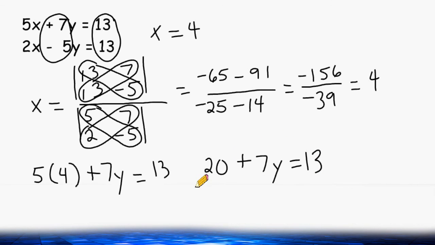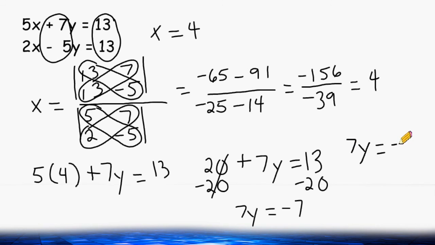Next we can take this 20 and subtract 20, so that cancels, and send it to this side of our equation, which now gives us 7y is equal to -7. And now we have to take this 7 and divide it by itself so we can get +1, and do the same thing on the other side of our equation.